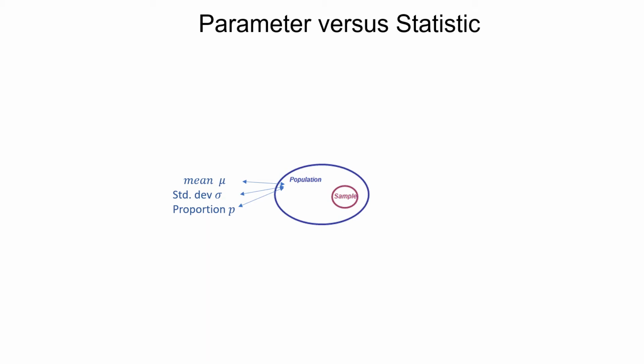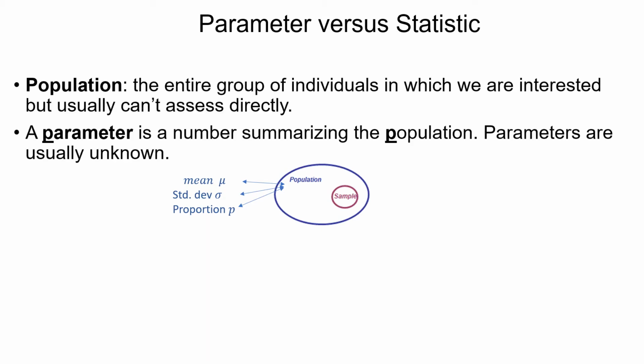The symbol for the mean of the population is mu, standard deviation of the population is sigma, and the proportion of the population is p. So the results you get for the population, which is the entire group, are the parameters of the population. These mu, sigma, p are all the parameters of the entire population.